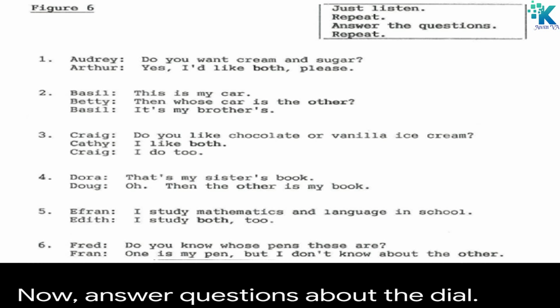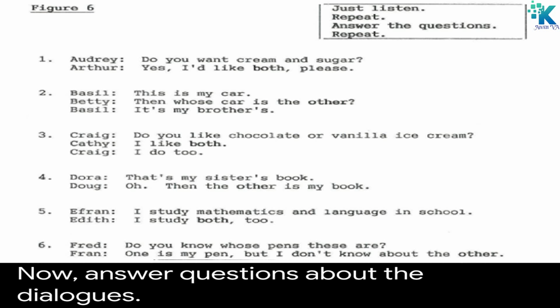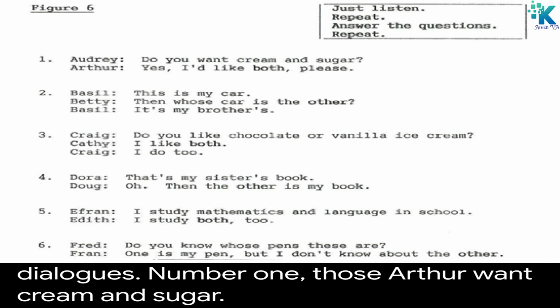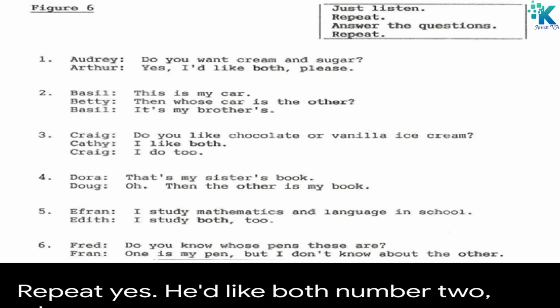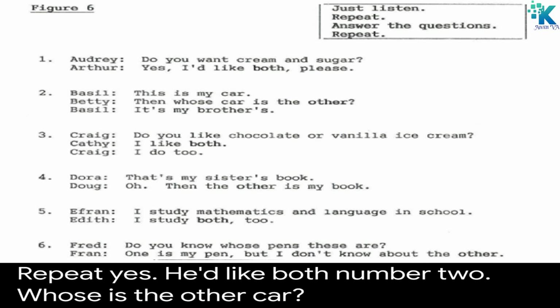Now answer questions about the dialogues. Number 1. Does Arthur want cream and sugar? Repeat. Yes, he'd like both. Number 2. Whose is the other car?